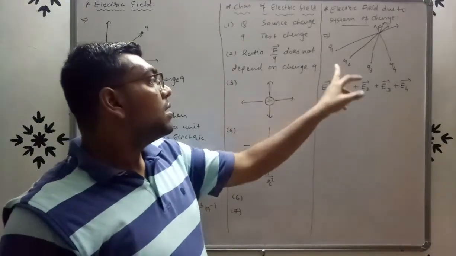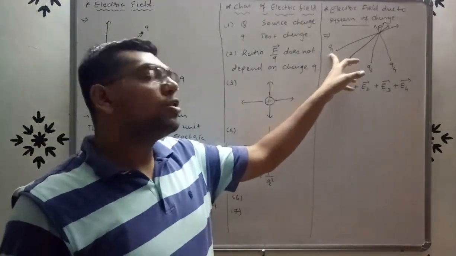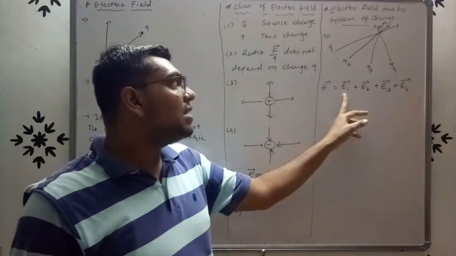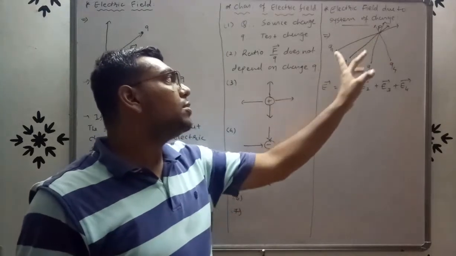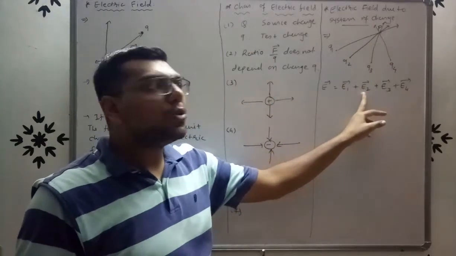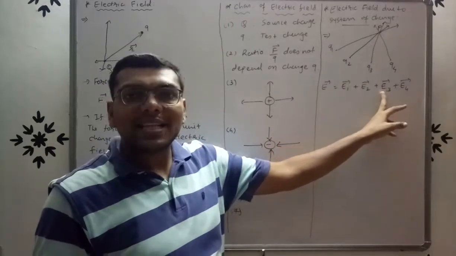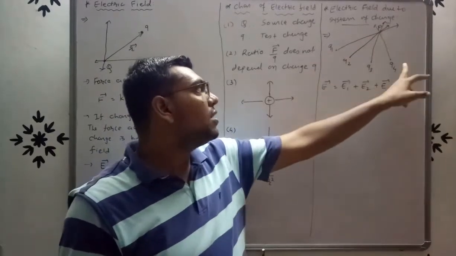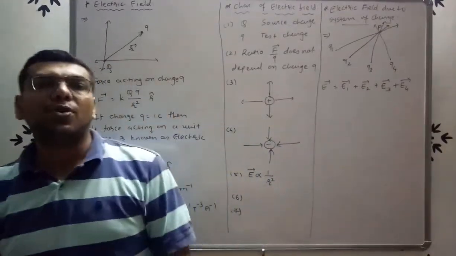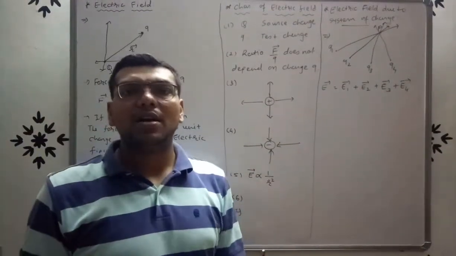The electric field due to charge Q1 is given by E1, electric field due to charge Q2 is given by E2, electric field due to charge Q3 is given by E3, and electric field due to charge Q4 is given by E4, right?